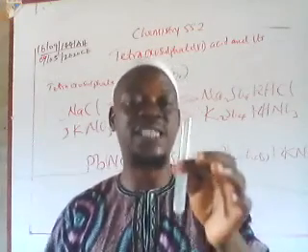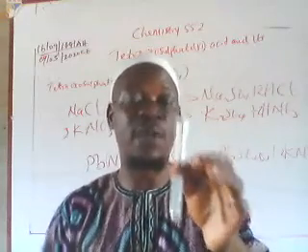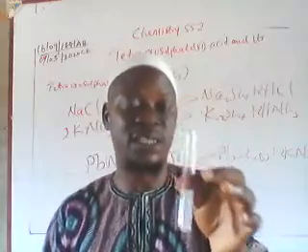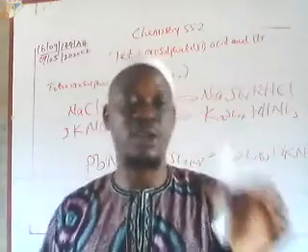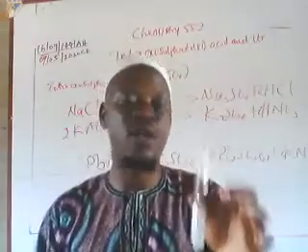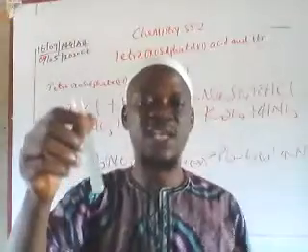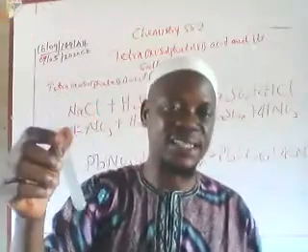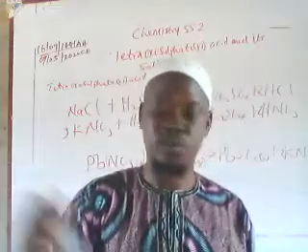It will also turn acidified K2Cr2O7, potassium heptaoxodichromate 6, from orange to green. But trioxocarbonate 4 ion will not do this. So that will distinguish the two. So with that, you have mastered again some aspects of salt analysis.